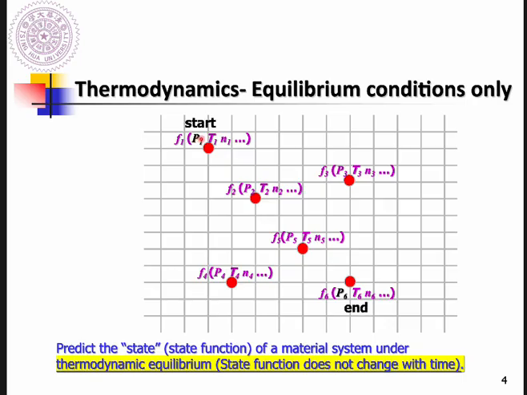But if I choose state 1 as a starting point and state 6 as an ending point, then if I want to move my system from state 1 to state 6, I can choose to go from state 1 to state 3, then move to state 6.